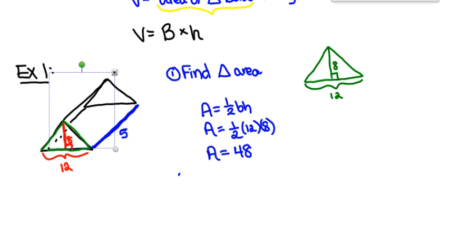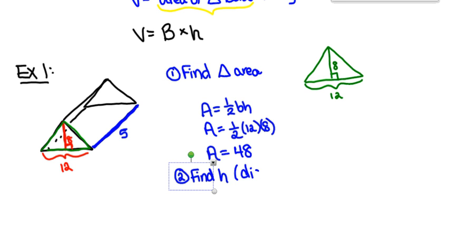The next thing I need to know is the height of my prism. And the height of my prism is going to be the distance between the two triangular bases.